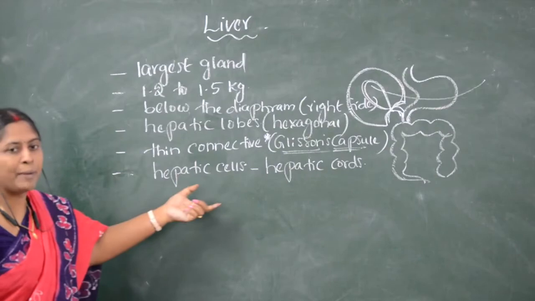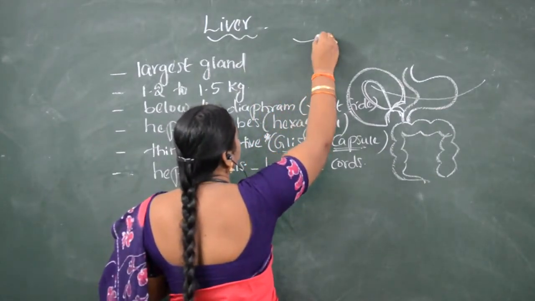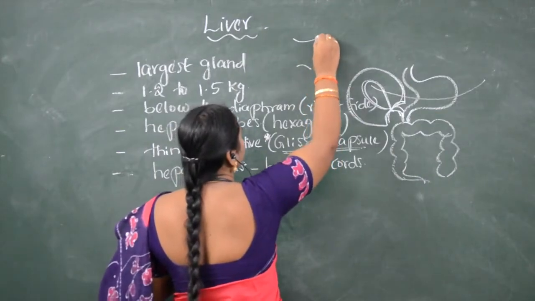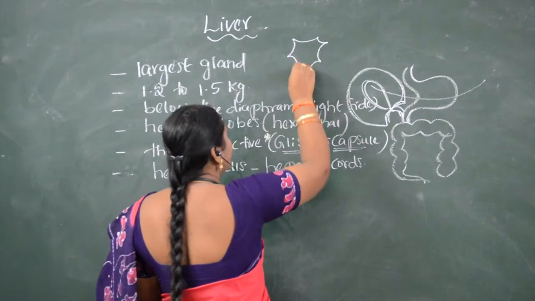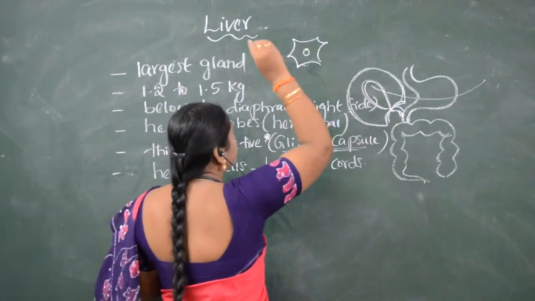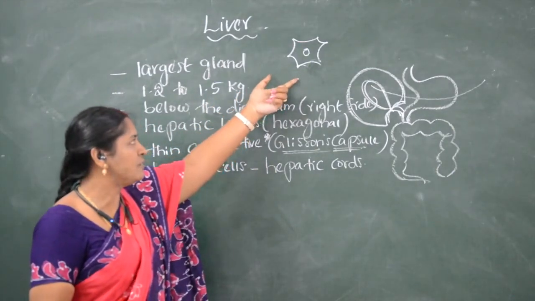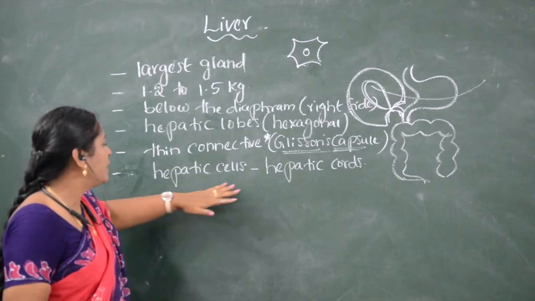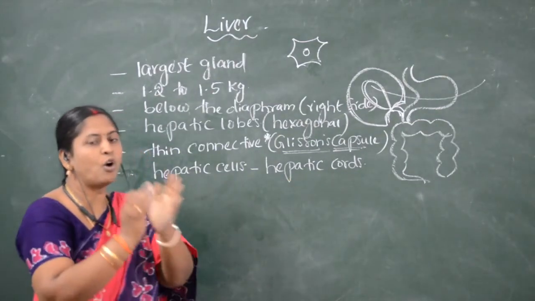So what are hepatic cords? The shape of each hepatic lobe is hexagonal, where the cells are arranged in the form of hepatic cords.